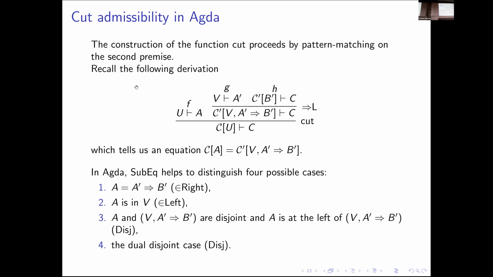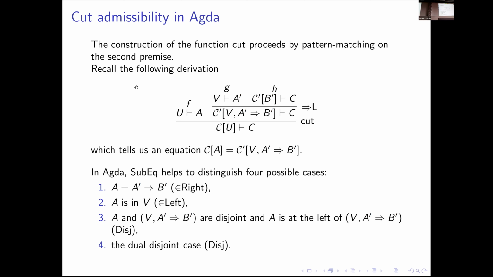So if we think of this A as U1, and this whole thing is U2, apparently it's not possible that U1 is equal to U2, or U1 contains U2, so there are only 4 possible cases left.